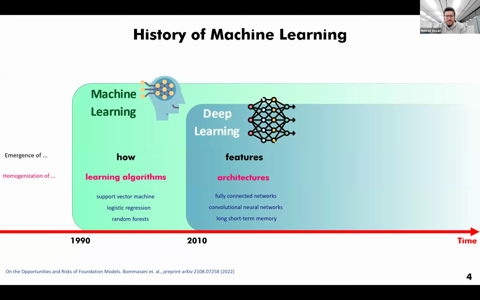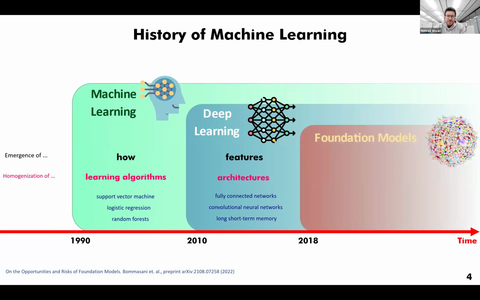One advantage of deep learning is that thanks to having more parameters, it generalizes better. But one disadvantage is that it needs a lot of domain-specific data to train on. This was solved with transfer learning, which brings us to the era of foundation models. Foundation models are trained on broad data, and then they can be fine-tuned on downstream tasks.